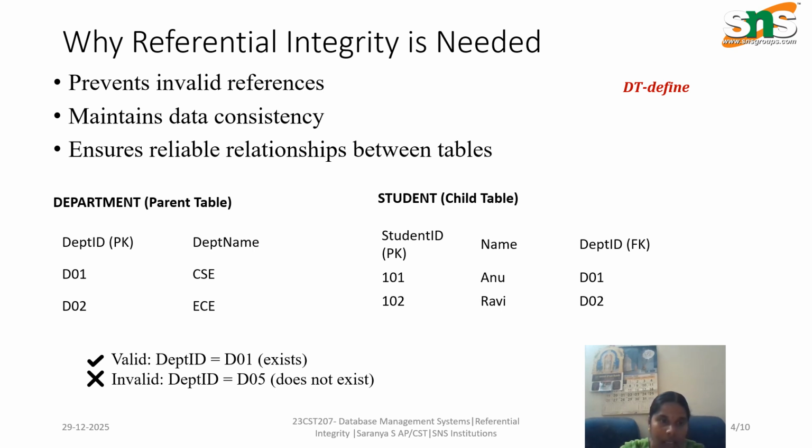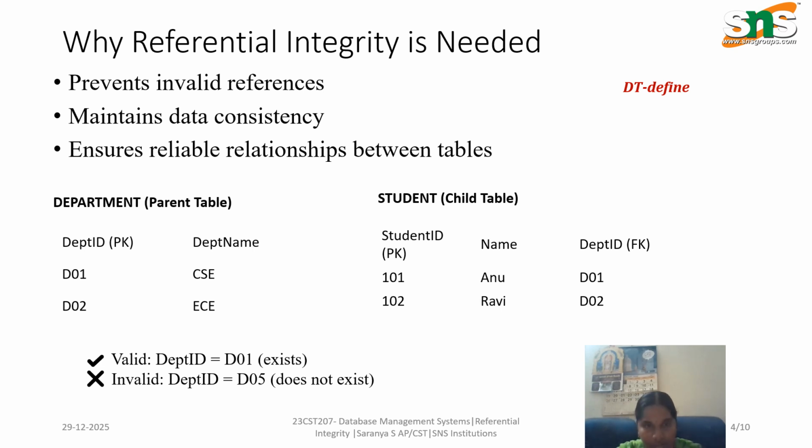For example, student ID, name and department ID. Next, the referential integrity constraint.